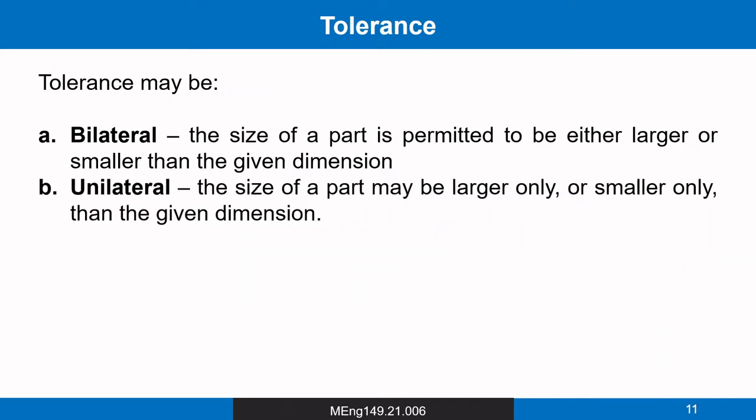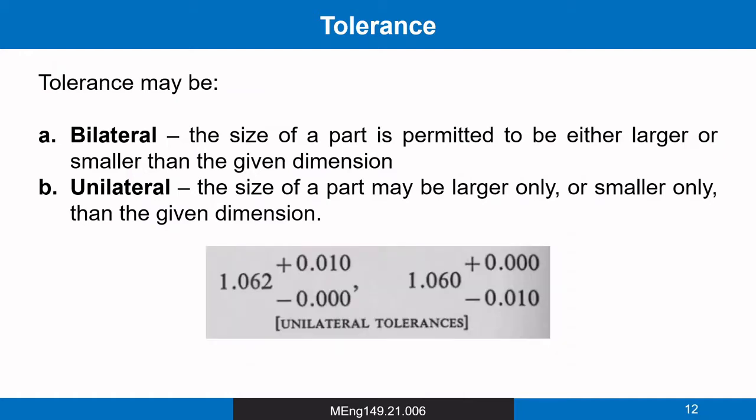The second is the unilateral tolerance. The unilateral tolerance is where the size of the part may be larger only or smaller only than the given dimension. In contrast to bilateral tolerance, the unilateral tolerance is larger only or smaller only. So it is not either of the two. And this is the expression for unilateral tolerance.